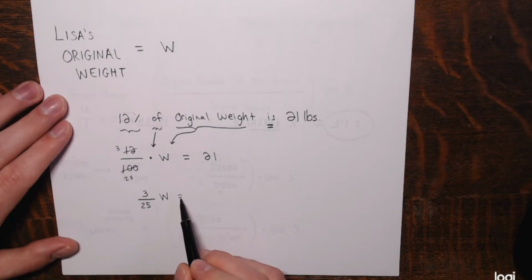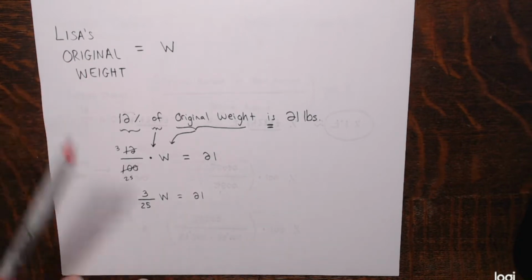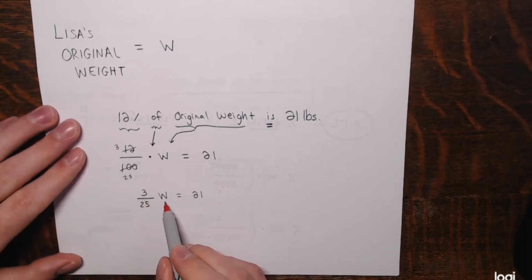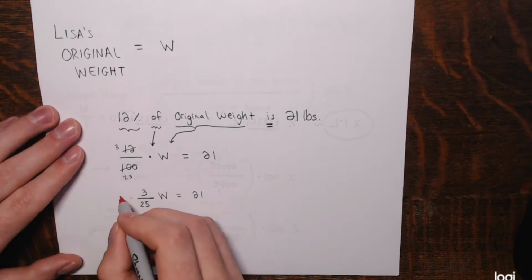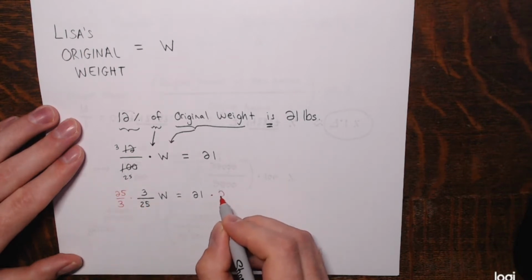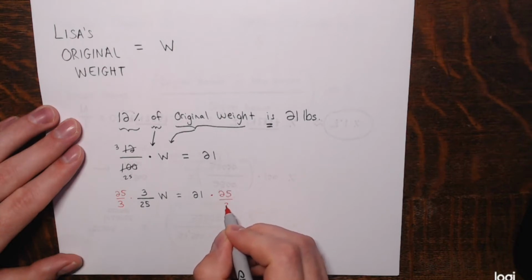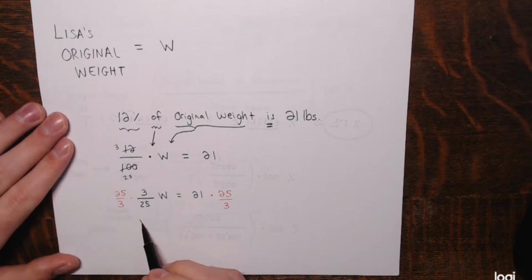And this is equal to 21. Remember how to get rid of fractions? I want W alone. You can divide by 3/25 or multiply by 25/3. Remember, division is the same as multiplication by the reciprocal. So multiply both sides by 25/3, and then we'll have solved for W.